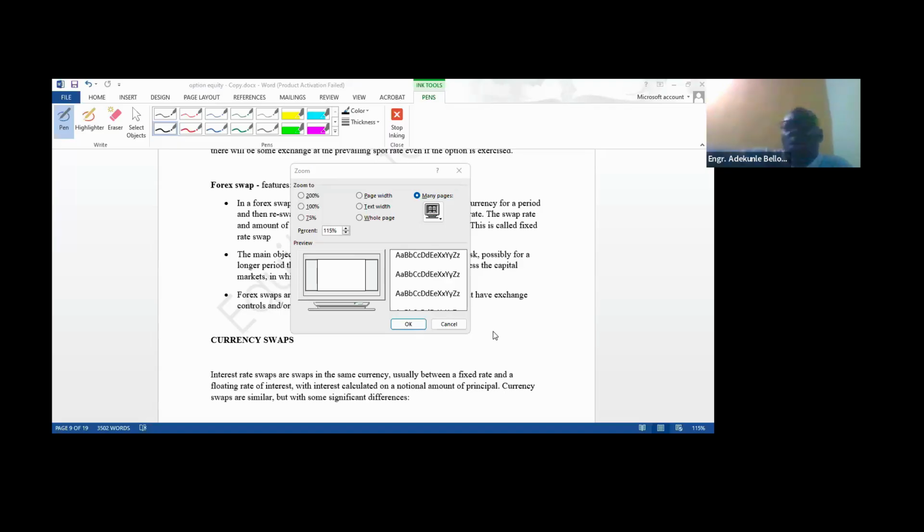Annually, I will get return on investment. The swap rate is agreed between the two parties.